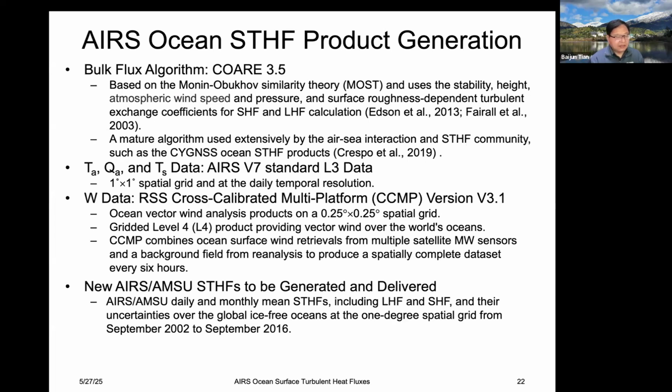For the near surface wind speed product, we tried using the Remote Sensing Systems cross-calibrated multi-platform CCMP version 3.1 product. This ocean wind vector analysis product is on a quarter degree by quarter degree spatial grid. This is a Level 4 product.